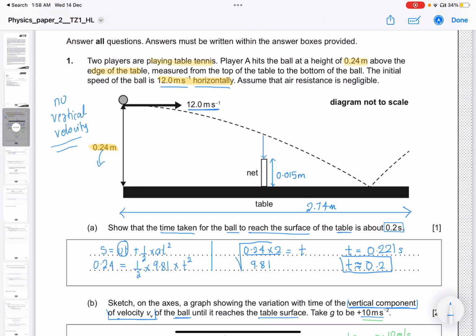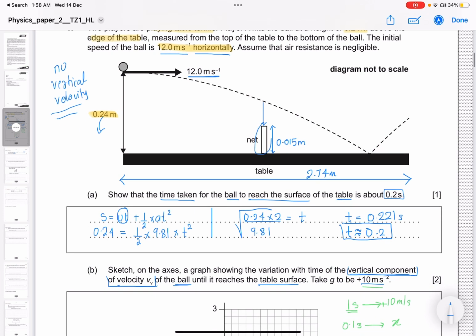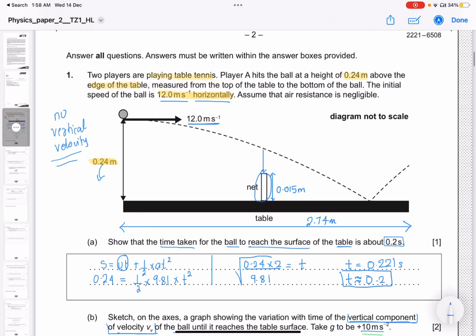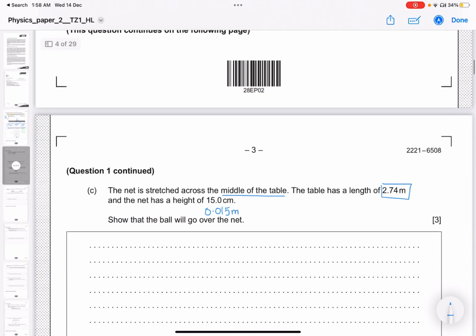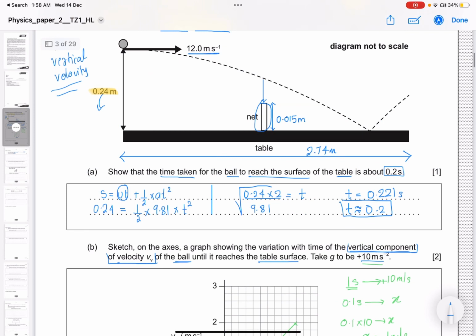So first, we will find if the net will always be in the middle of the table, as they have mentioned this in the question. Okay, one second. Yeah, right here: the net is stretched across the middle of the table. So if the net is across the middle of the table, then this exact point would be 2.74 divided by 2, because this entire table is 2.74 meters and the net is in the middle of the table.